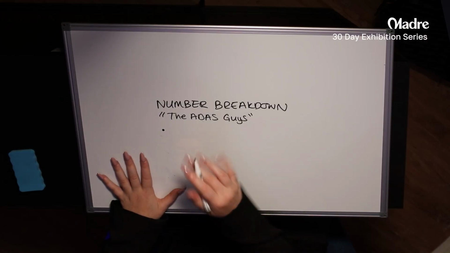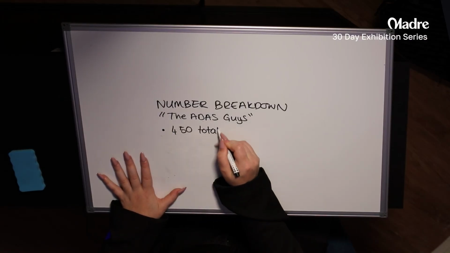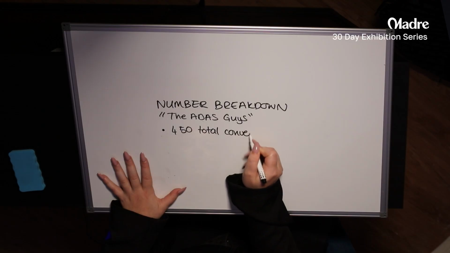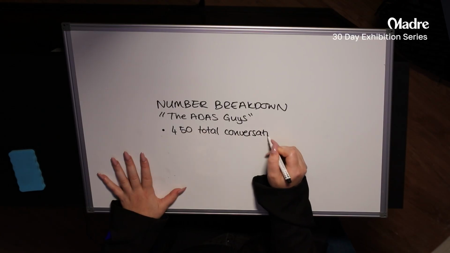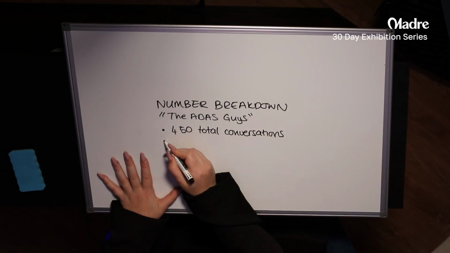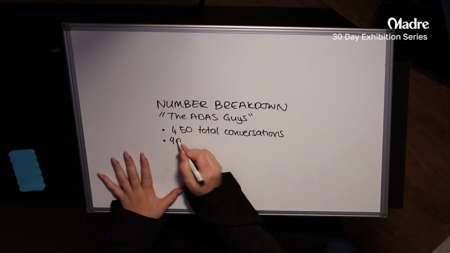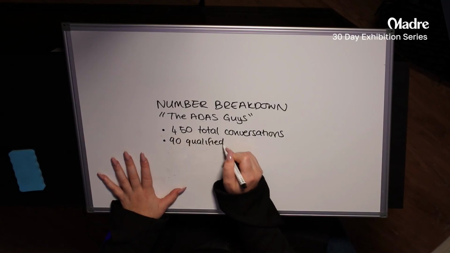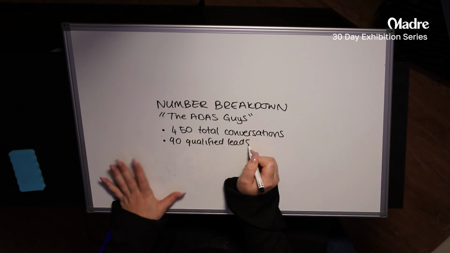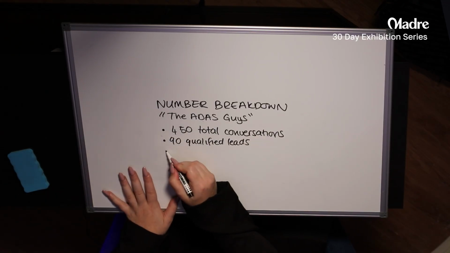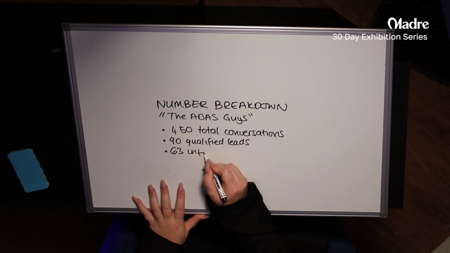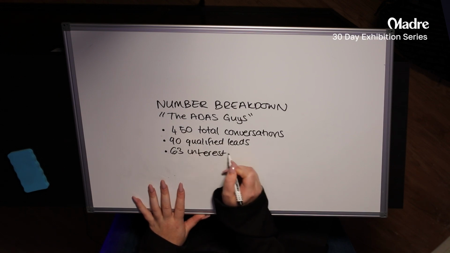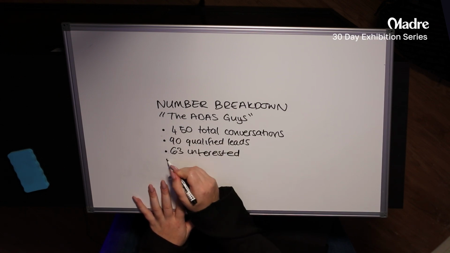So when it comes to the ADAS guys, they need 450 total conversations. And how did we get to that? Well, first off, we know that they need 90 qualified leads. Of those leads, we know that it goes into 63 that are interested.